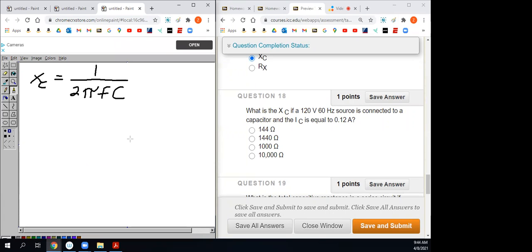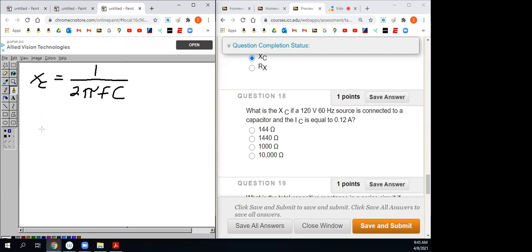So can we plug and play here? We have a frequency, but we don't have a capacitance. So this formula, I don't really think applies here.